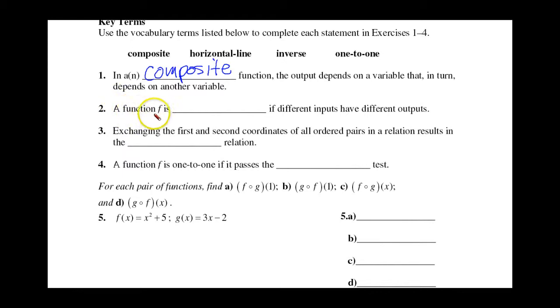A function f is what if different inputs have different outputs? That is, the x has a y and they're not repeated. Well, this is a one-to-one.